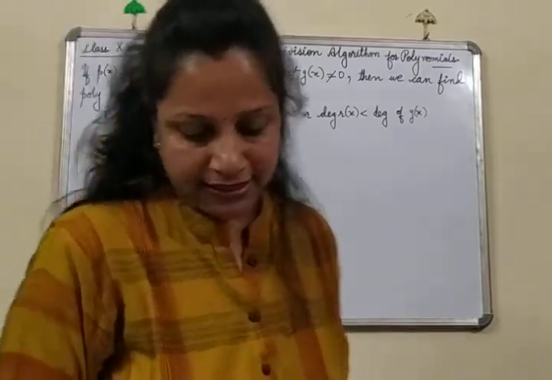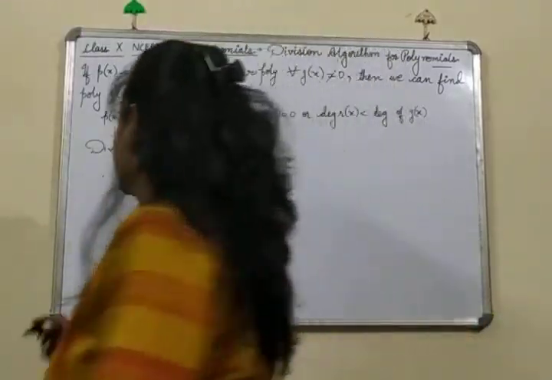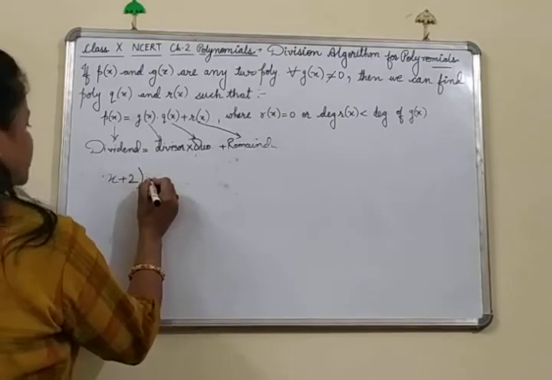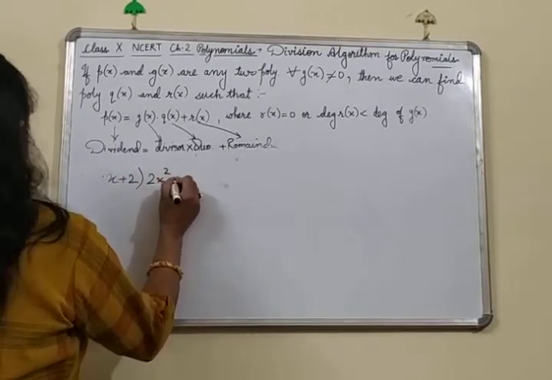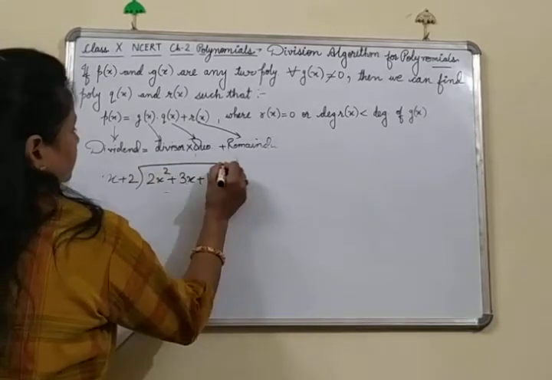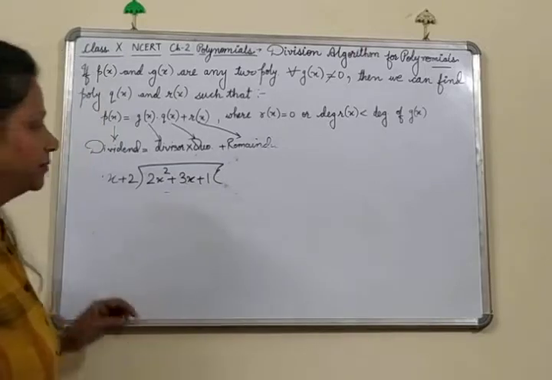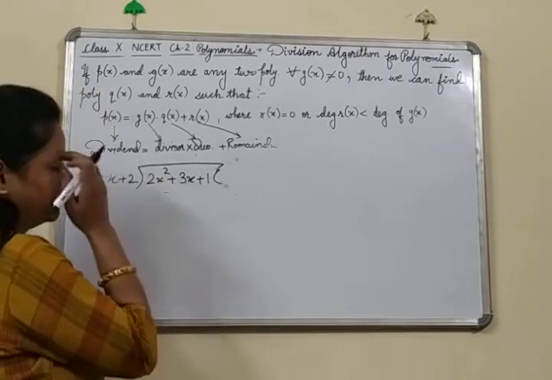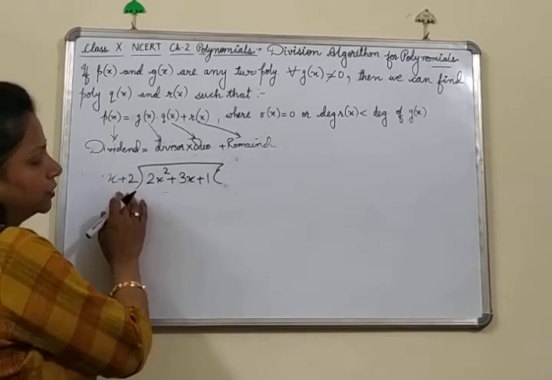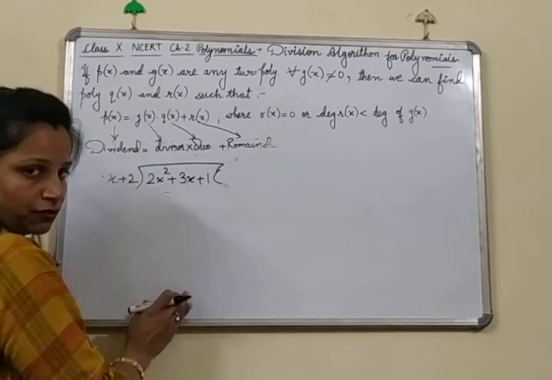Now let us take a simple example. Suppose we have x plus 2 and it is to be divided into, that means here p(x) is 2x square plus 3x plus 1 and g(x) is x plus 2. Now this long division everybody knows how to do.